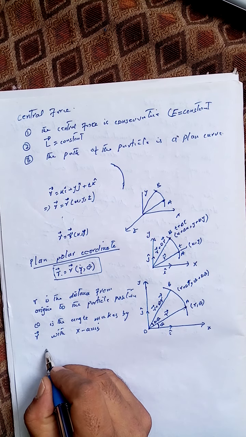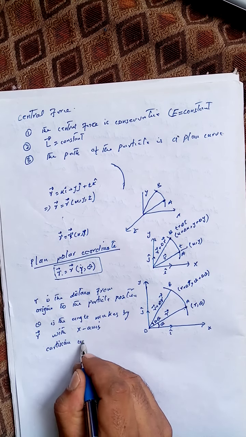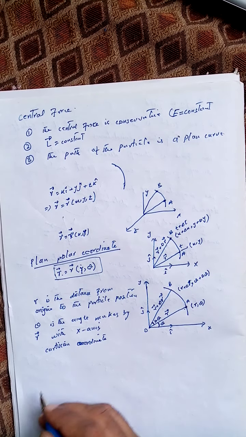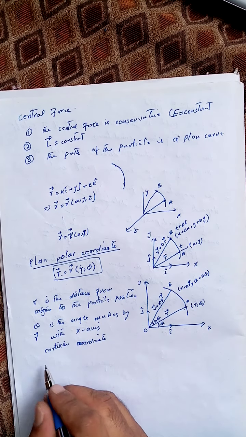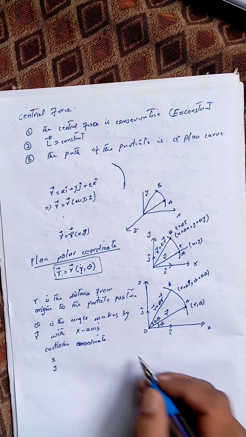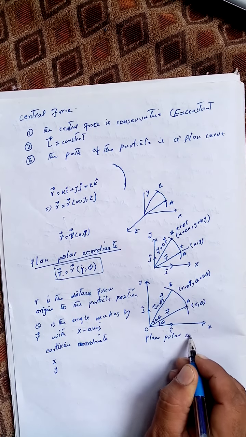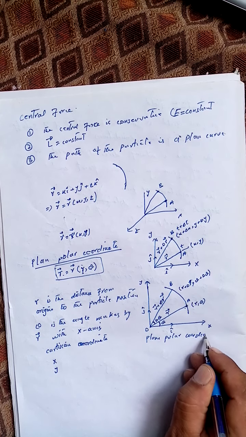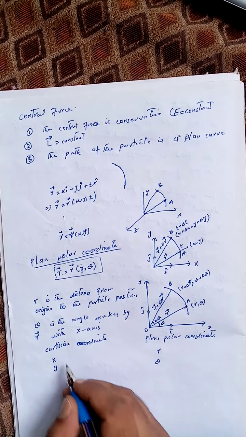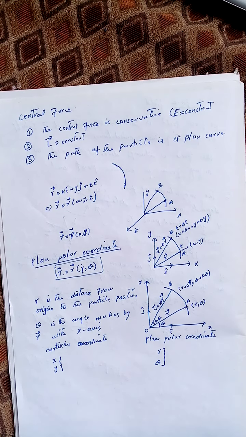Like in the Cartesian coordinate system, the particle is represented by two coordinates, x and y, while in plane polar coordinates, we need two coordinates which are r and theta. This is the Cartesian coordinate system, this is the plane polar coordinate system.